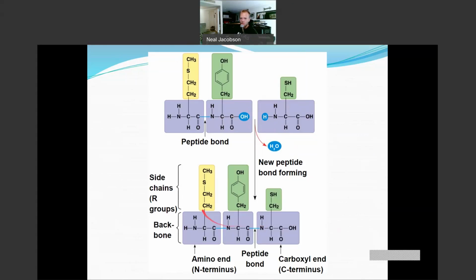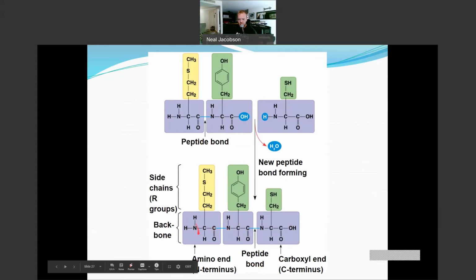And so what we've done is we've gone from 2 amino acids in a polypeptide to 3 amino acids in a polypeptide. If you'll notice, if we keep adding on amino acids, all of the amino acids are going to be oriented in the same direction. The amino group is going to be on one end, and since the carboxyl group is bonding to the amino end on the next one, there's a directionality to the growing string of amino acids.